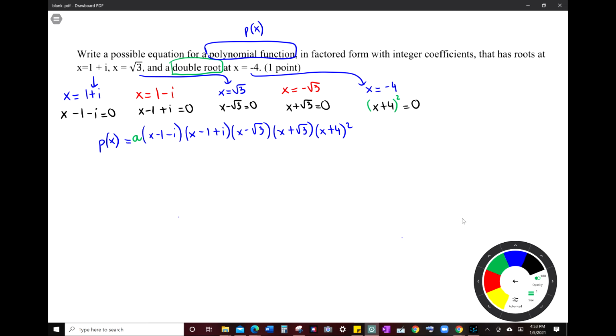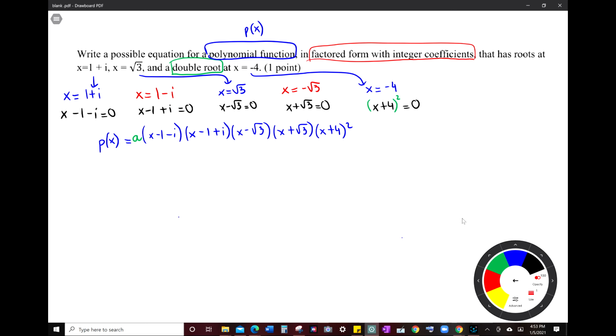Alright, and for the next part, it seems like we're done with this problem. However, the sentence right here says in factor form. Yes, we did put them in factor form already, but it has to be with integer coefficients. So that means we're not done yet, because the only factor form with integer coefficients is x plus 4 squared.